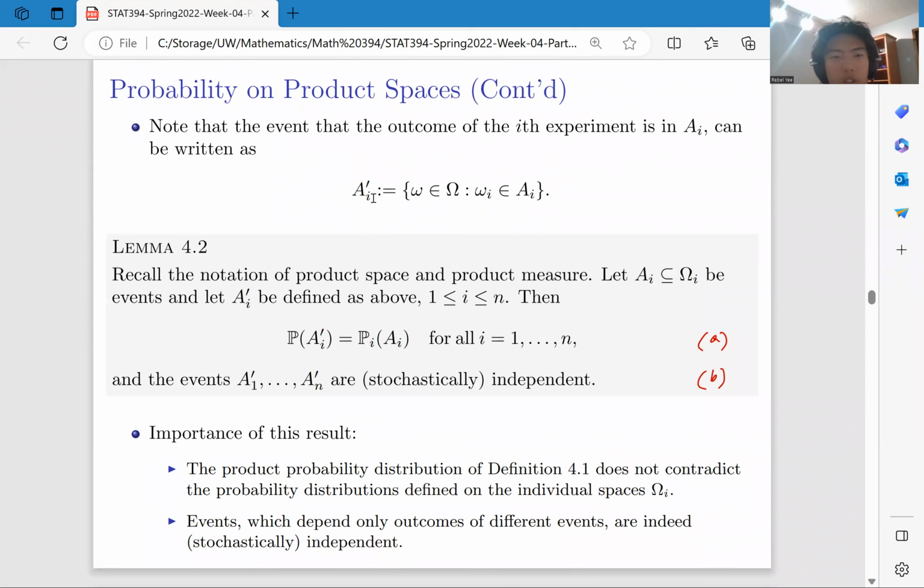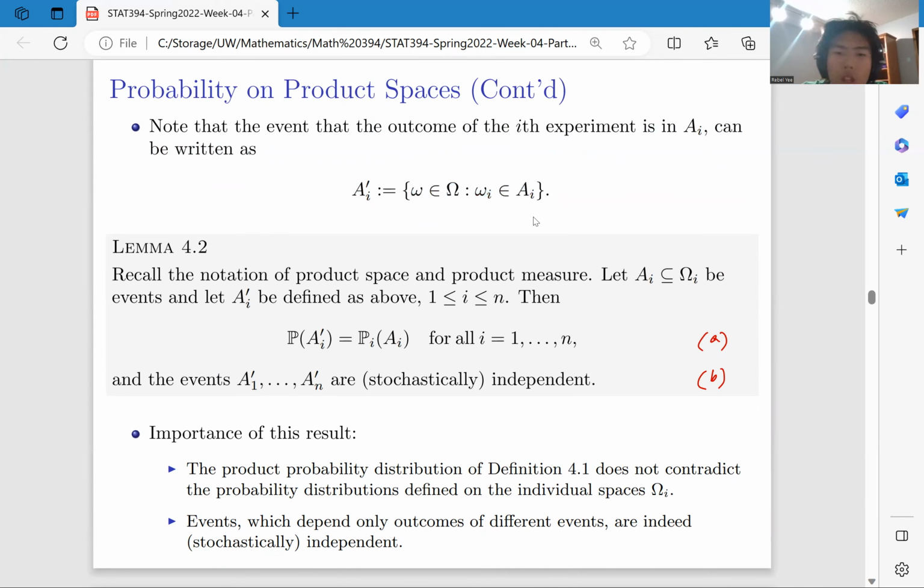And we want to introduce another important definition here. We introduce each event: the outcome of the ith experiment is in Ai. Then if omega belongs to the sample space, Wi belongs to Ai.